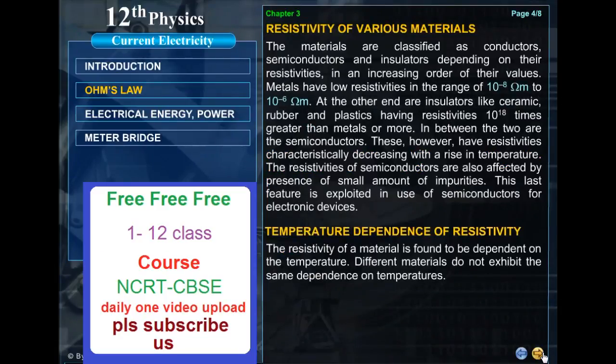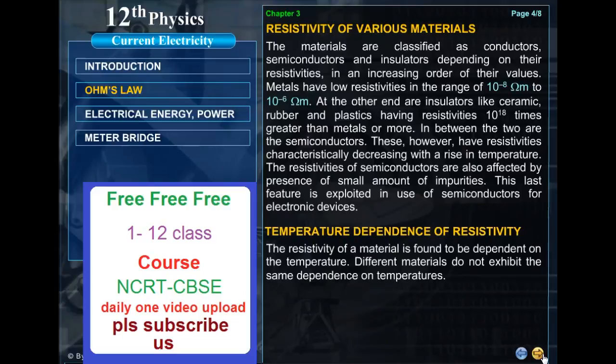Resistivity of various materials. The materials are classified as conductors, semiconductors, and insulators depending on their resistivities. In an increasing order of their values, metals have low resistivities in the range of 10 to the power minus 8 ohm m to 10 to the power minus 6 ohm m.